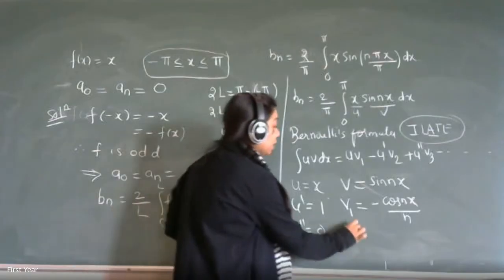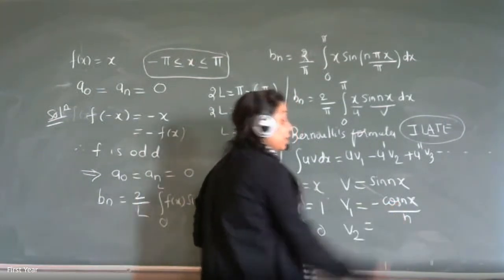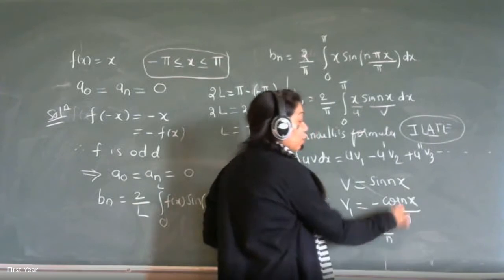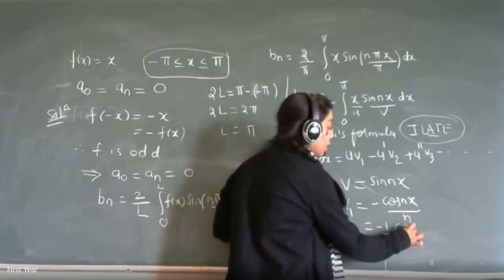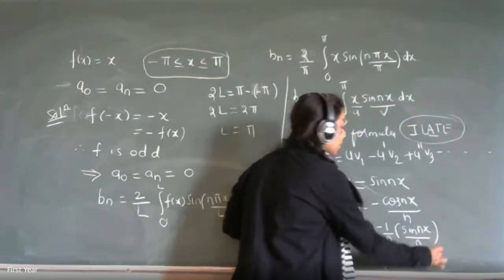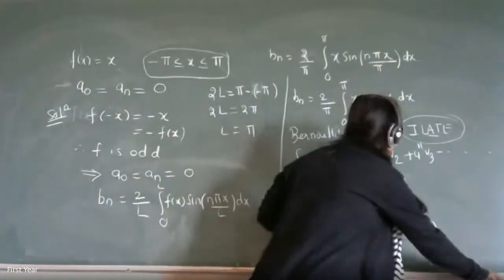Double integration of v is one more integration of this, that is minus, with 1 as constant, cos nx integration of sin nx upon n. Is this okay? Fine. So now you substitute and you get the answer.